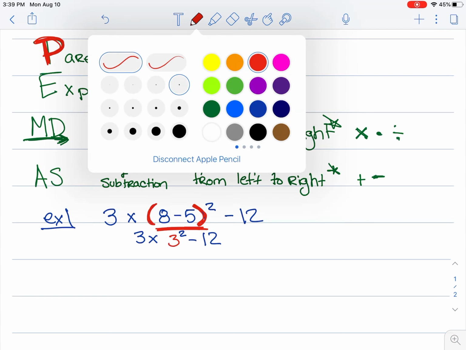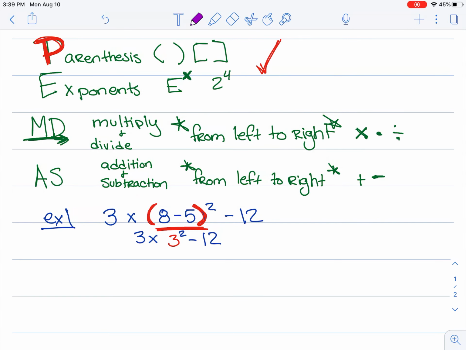So the next thing we do is exponents. So I'm looking for any of those little teeny tiny numbers, and I have one. So 3 squared is the same thing as 3 times 3. Some of us are going to need to write that step down. Some of us will not. 3 times 3 is equal to 9.